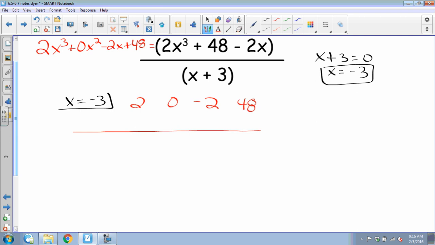So if we're doing synthetic division and there's not an x squared, you put a 0x squared in its place. Every time. If it's 2x to the 5th minus 3, then you need plus 0x to the 4th, plus 0x to the 3rd, plus 0x squared, plus 0x. Every exponent below your highest has to be represented.